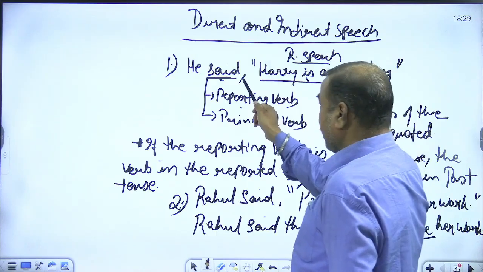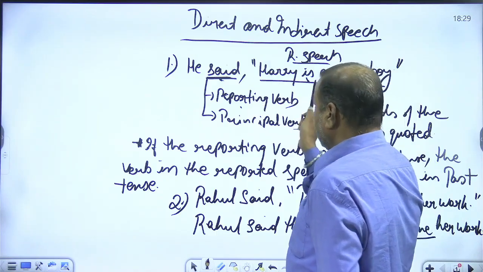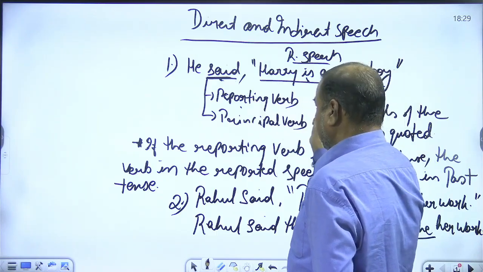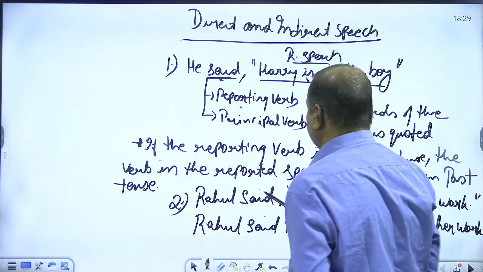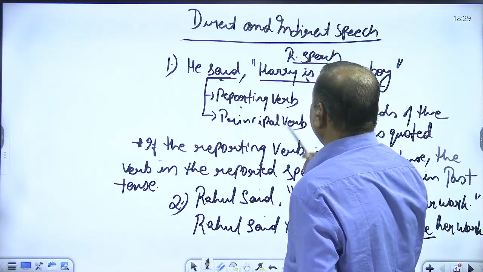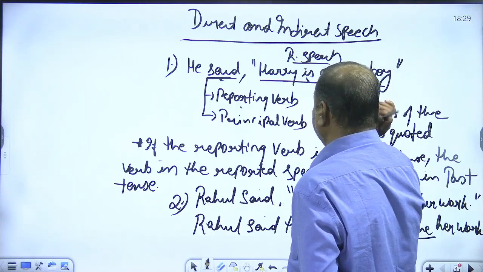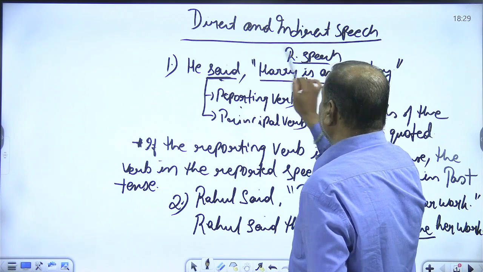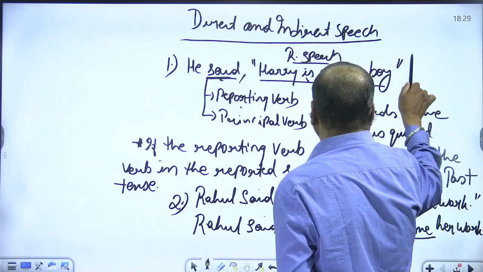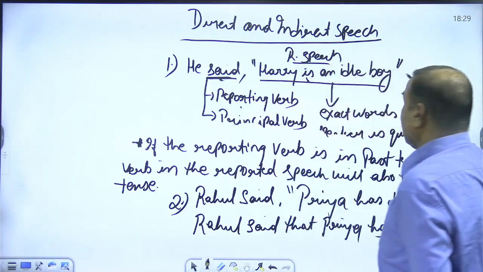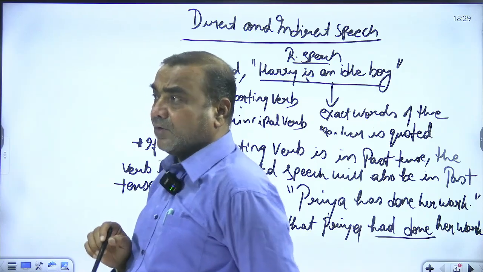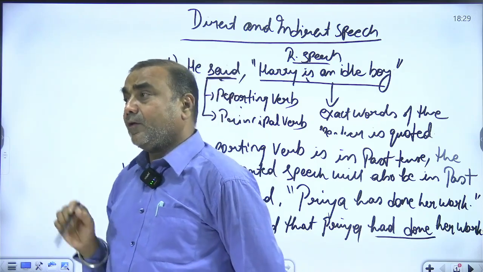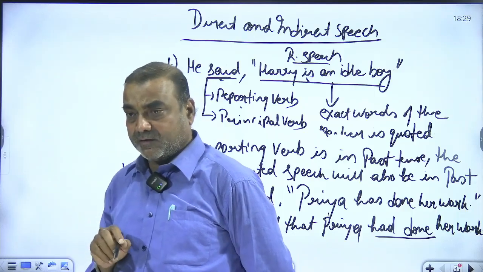After said there is a comma to separate the reported speech from the rest of the sentence. The reported speech is kept within inverted commas. And note one thing, your inverted comma will always be put after the punctuation mark.